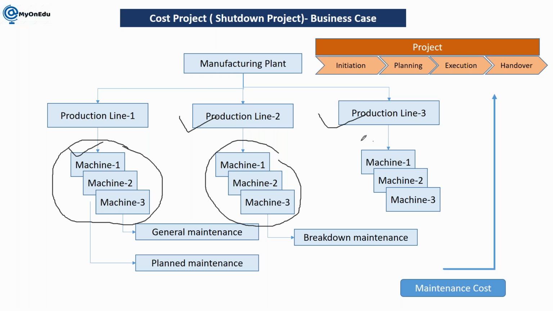These machines have to be overhauled as per their maintenance plan to avoid any breakdown, which will directly impact our production. So to avoid it, we need to do the general maintenance, plant maintenance, or breakdown maintenance at a particular period, and that also has to be considered for execution.